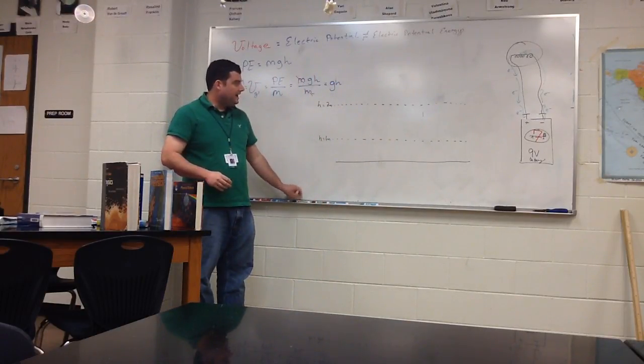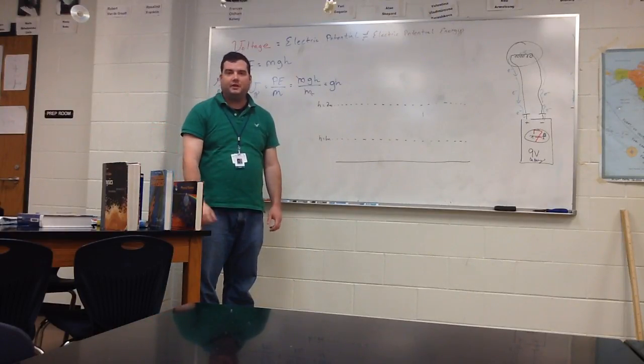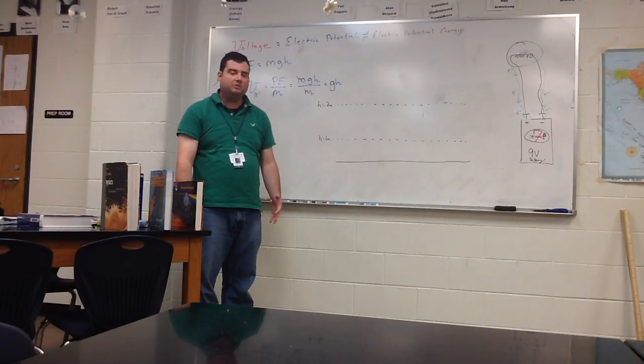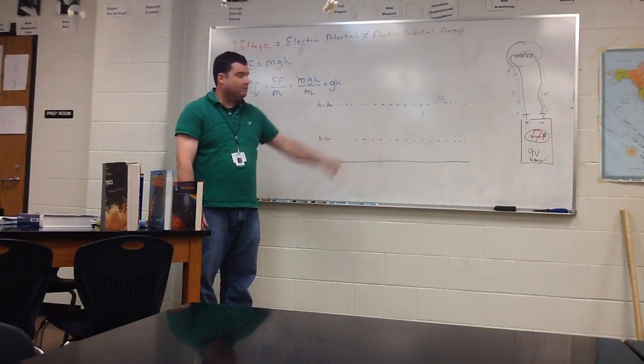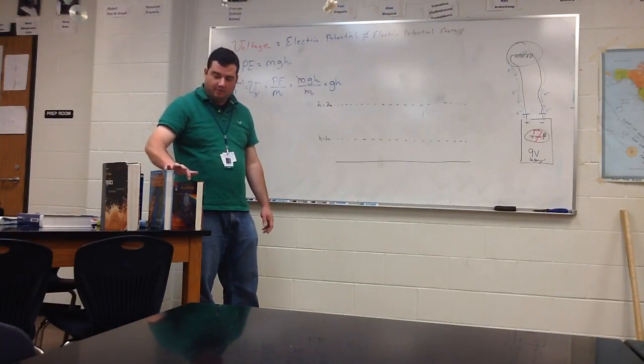I've got 3 textbooks, and I want to take a look at what their gravitational potential energy would be at these 2 heights. So we've got big, medium, and little.